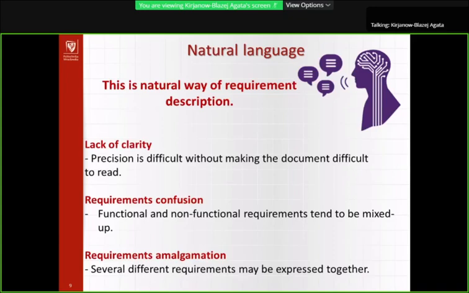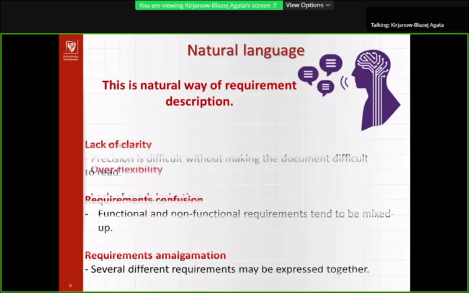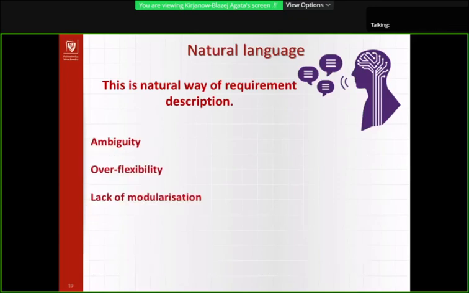Requirements confusion. Functional and non-functional requirements tend to be mixed up. And requirements amalgamation. Several different requirements may be expressed together. Ambiguity. Natural language is naturally ambiguous.